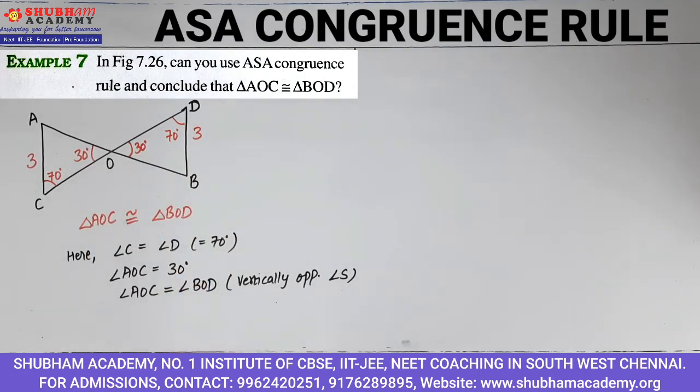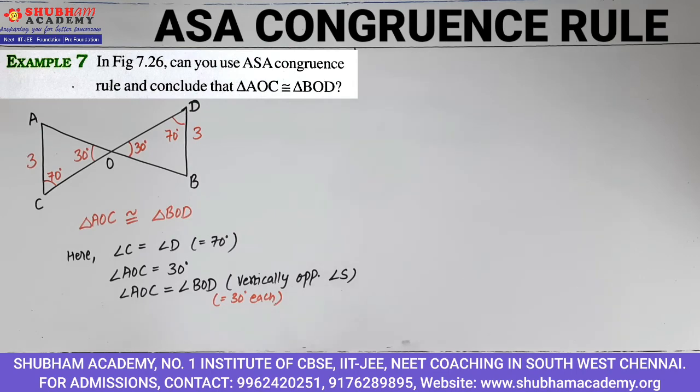Angle AOC is equal to angle BOD, each equals 30 degrees. Now we have to see for angle A, because we are talking here about the ASA rule.